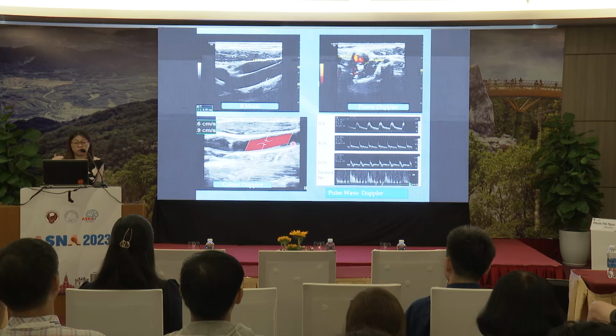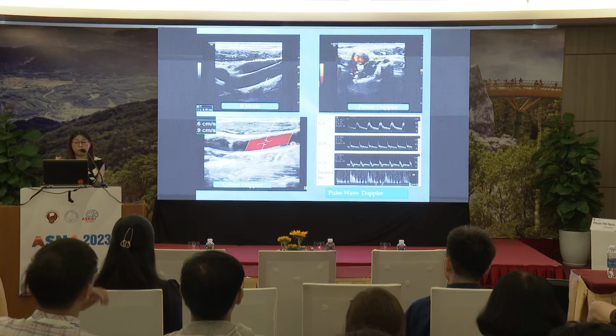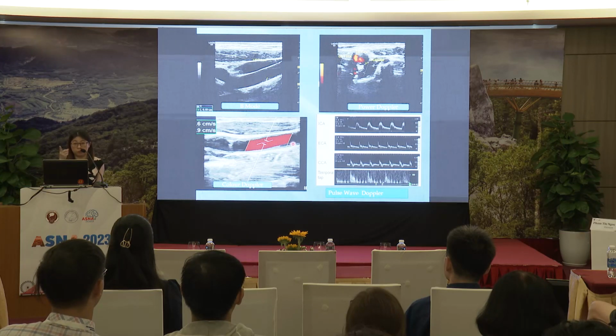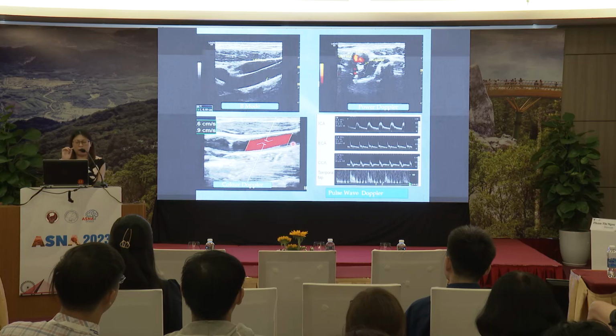And if you see high resistance flow, this is confirmed ECA, because ECA will not go to the brain. That's why ECA will have the high resistance flow. And then you can determine which is the ICA and ECA.